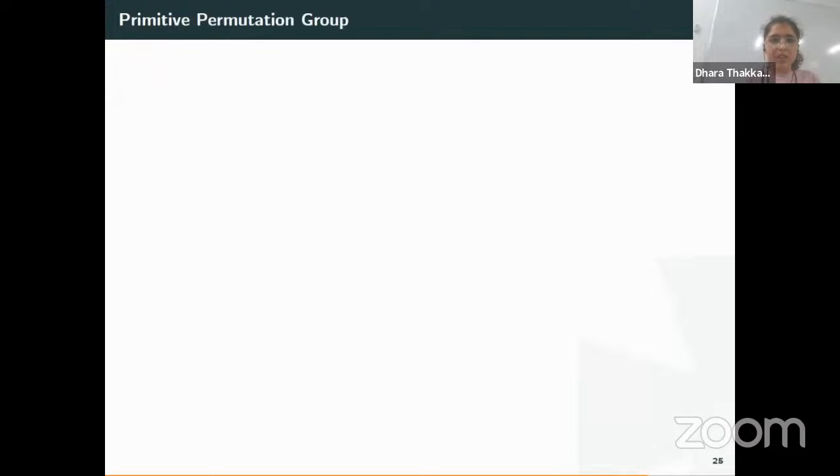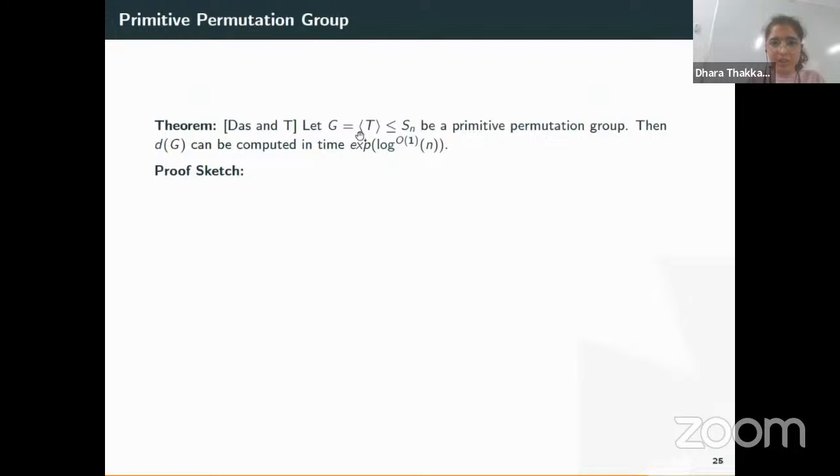We show that if the group is given by its generating set and it is a primitive permutation group, then d(G) can be computed in quasi-polynomial time in the degree of G. Here n is the degree, and the running time is quasi-polynomial in the degree of G and not the order of the group. But here we are just finding d(G) and not a generating set.